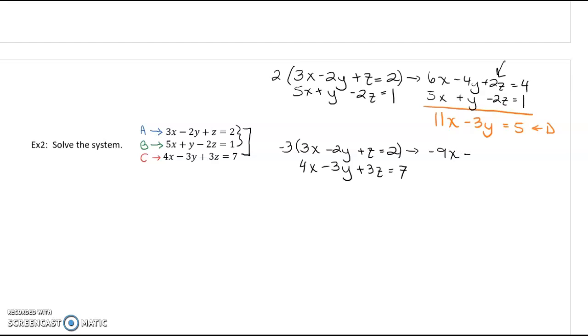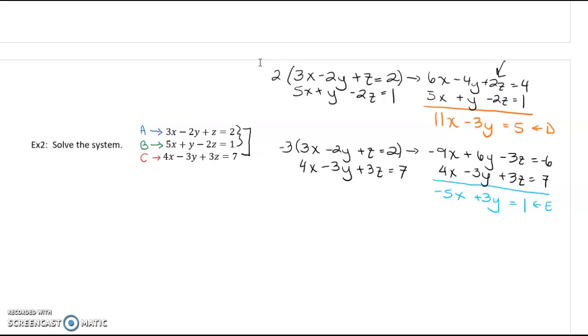So I have negative 9x plus 6y minus 3z equals negative 6. And then 4x minus 3y plus 3z equals 7. And I'm going to do this again, stack and add. So that becomes negative 5x plus 3y, z's are eliminated, equals 1. And I'm going to call that equation E.